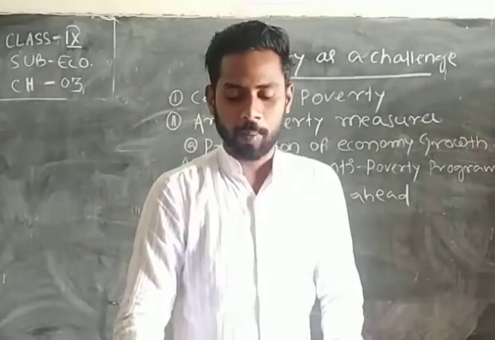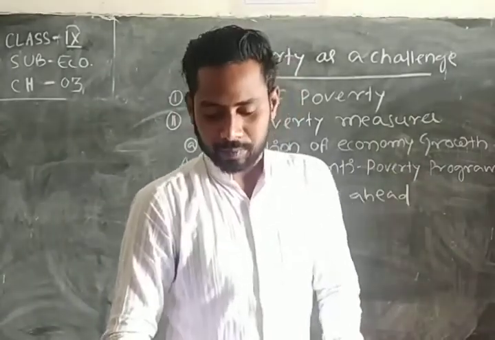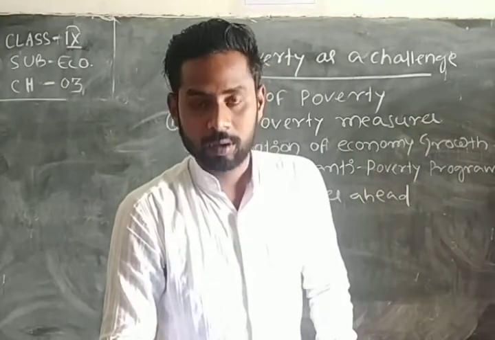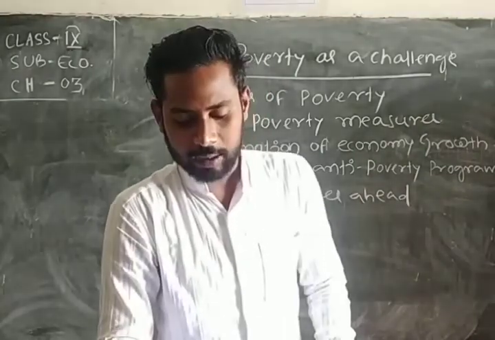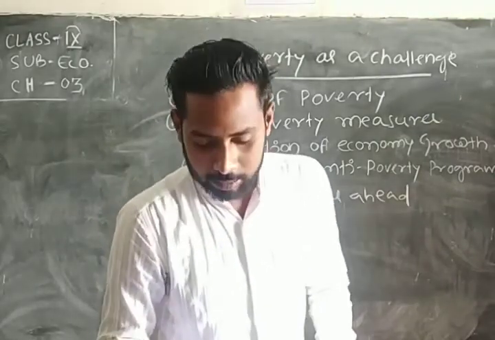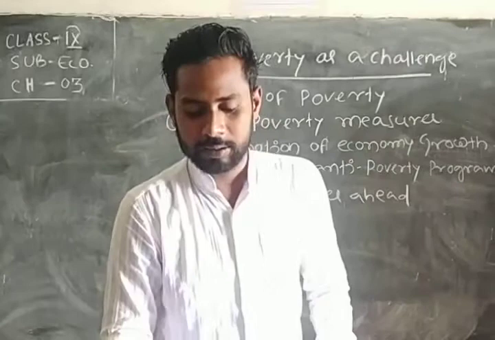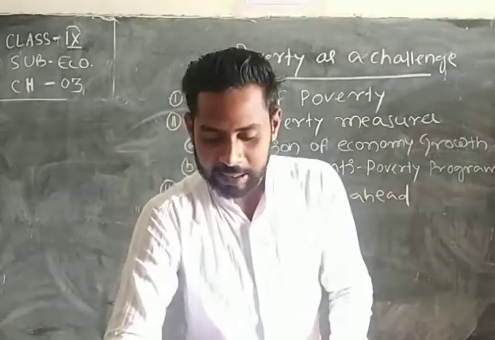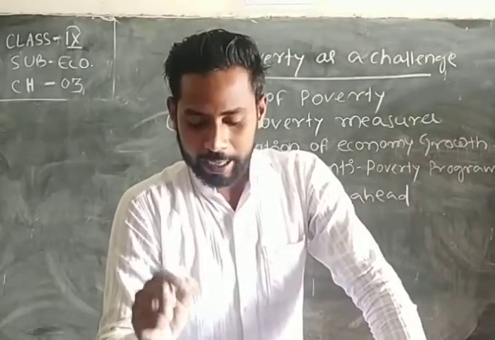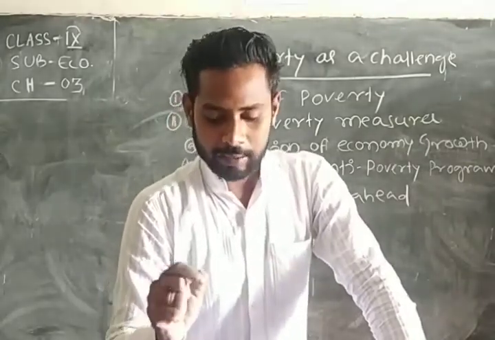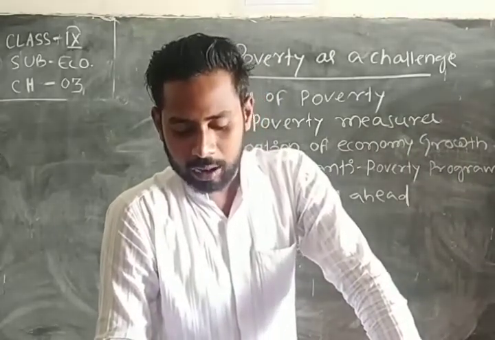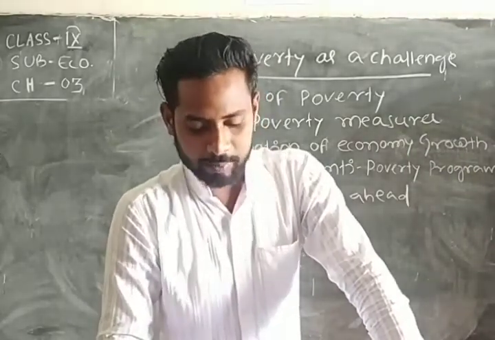So, promotion of economic growth: according to official poverty estimation, the growth rate jumped from an average of about 3.5% a year in the 1970s to about 6% during the 1980s and 1990s. With the help of a high rate of growth, reduction of poverty is possible.